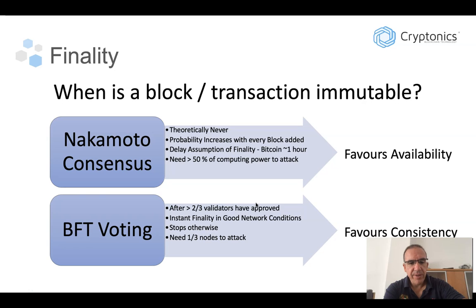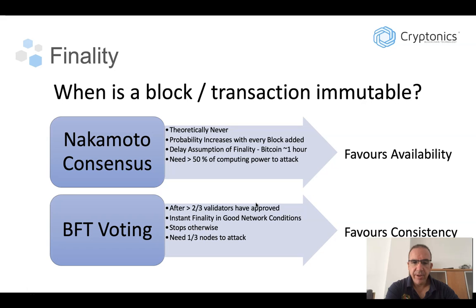But the problem is the network will stop otherwise, right? If we cannot reach 2/3 of the nodes, or they refuse to vote, or whatever is happening, the network cannot continue. Whereas in Nakamoto consensus, they just keep adding to their minority chain and hope for the best. Which means that BFT voting really does not favor availability at all, but it favors consistency. Once a block is confirmed, it stays that way.